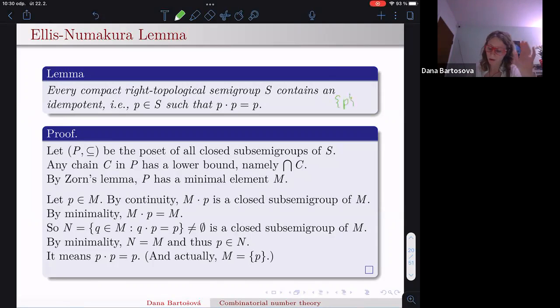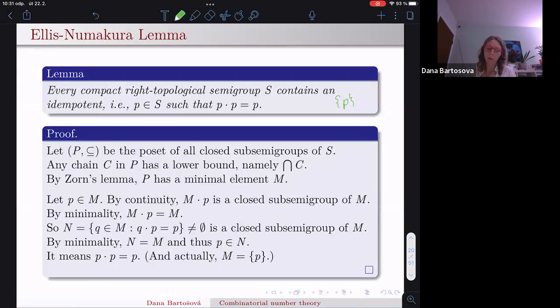Because a subsemigroup only needs to satisfy that it is closed under the operation. So if P times P is equal to P, then the singleton P gives me a semigroup. It's going to be closed because everything is Hausdorff, so T1, that means points are closed. So it will be closed, and it's minimal, right?